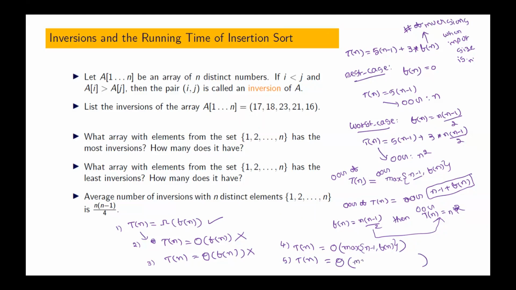Same thing also works now. Is this correct? Okay, so the last representation is without using maximum, without another comparison, in terms of f of n, using big O.